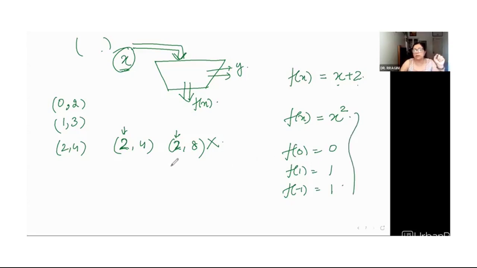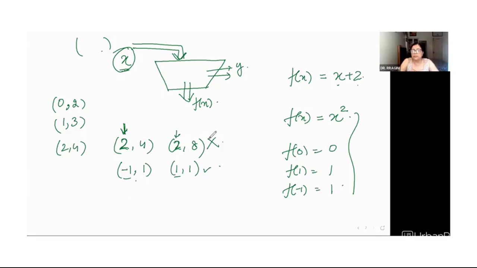Just to illustrate, when the input is the same, we cannot have different outputs. But there are machines for which, if I am putting -1 and 1, the image is the same for both. 2 different values of x can result in the same image. But still, this is a function, right?